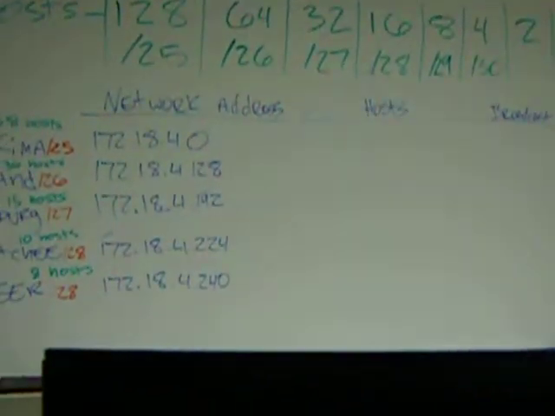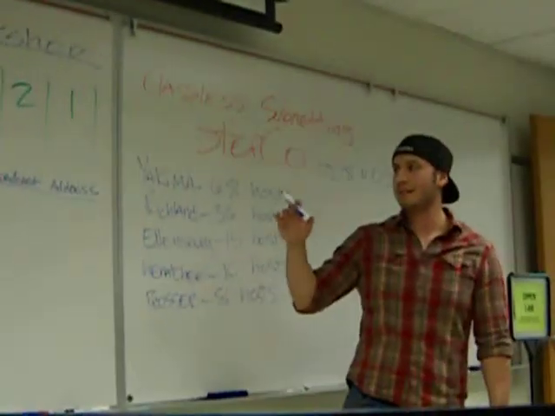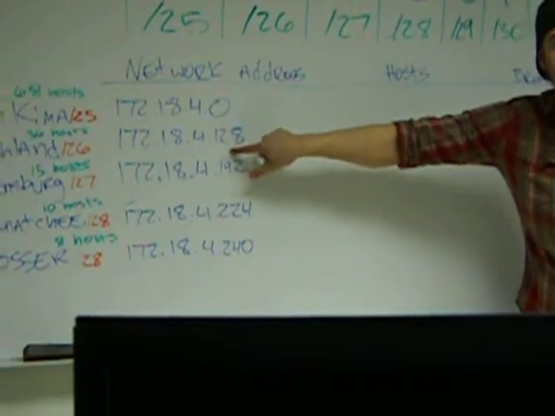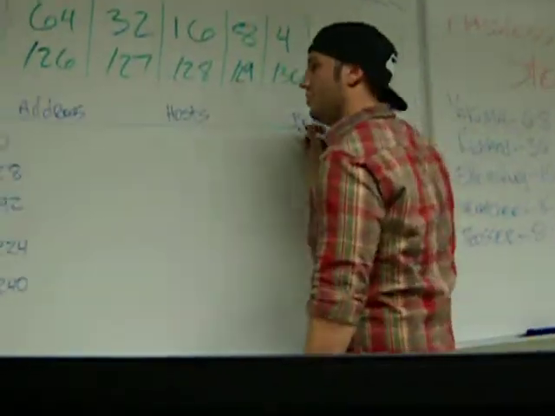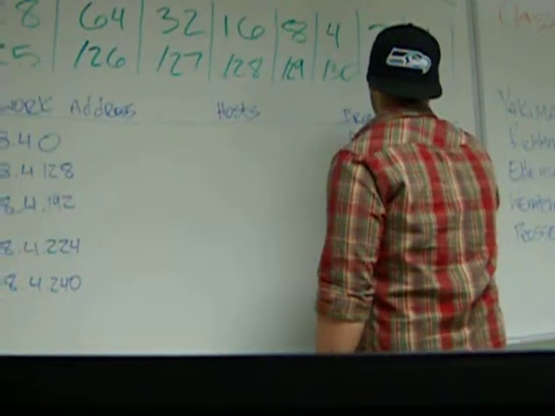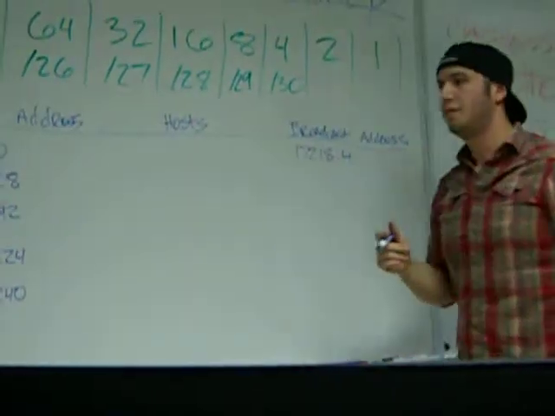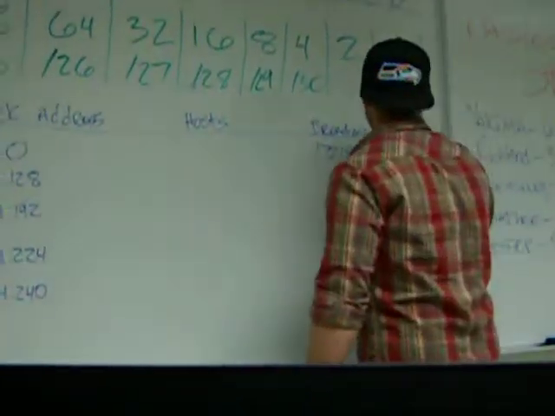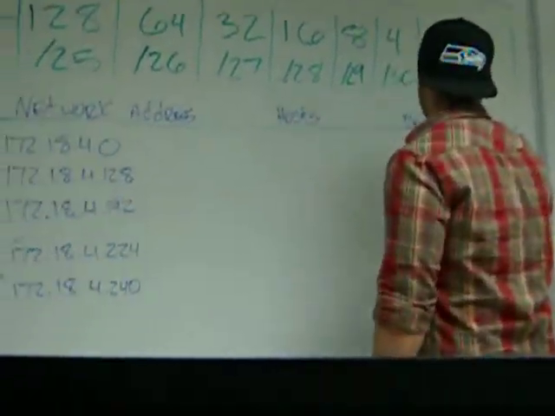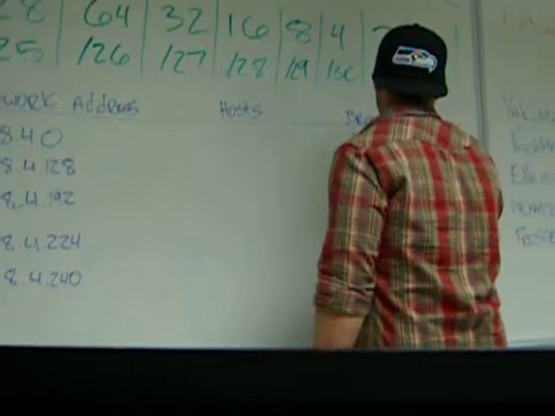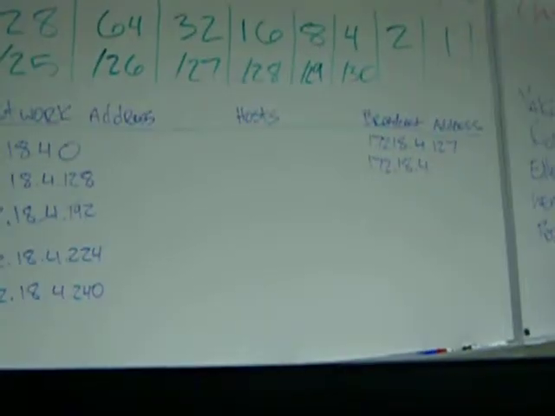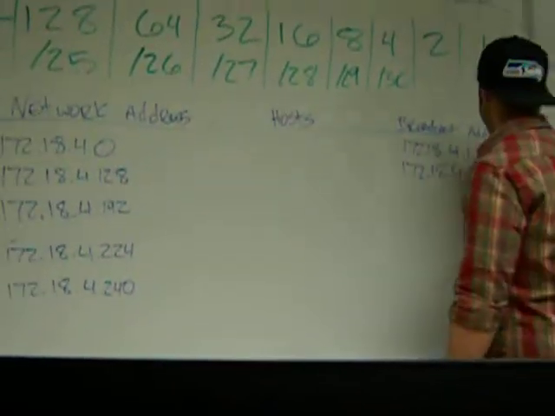Yes, the broadcast address is always going to be the last usable on there, so it's always going to be the one that's before the next network address. So, 172.18.4.127. Okay. 172.18.4 dot, what would be the next one? 191.